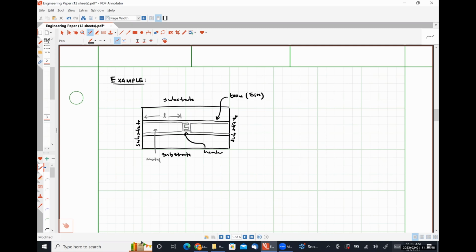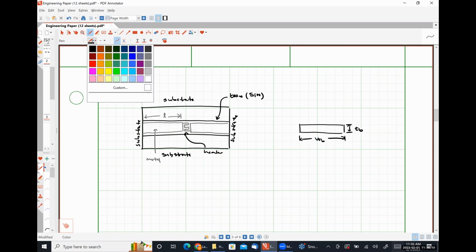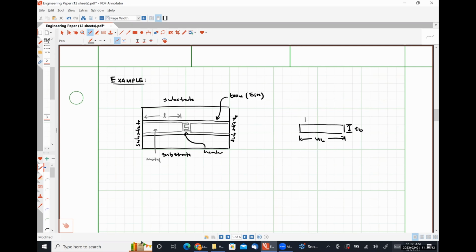And defining the other dimensions. So we have something that looks like this. So we have the width of our beam, the thickness of our beam, and then deposited on top of this guy, we have the width of our metal and the thickness of our metal.